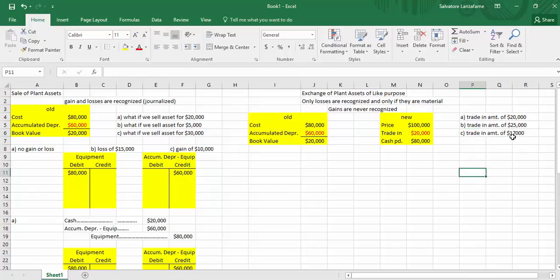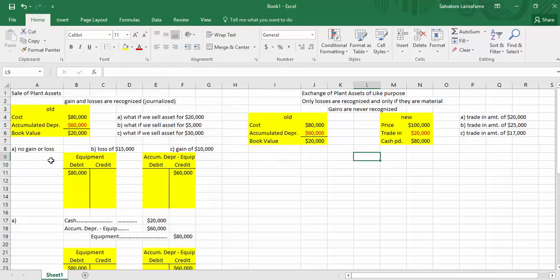So in the first scenario, break even. Second scenario, gain. Third scenario, loss. Okay? So let's see how the journal entries look in this situation.